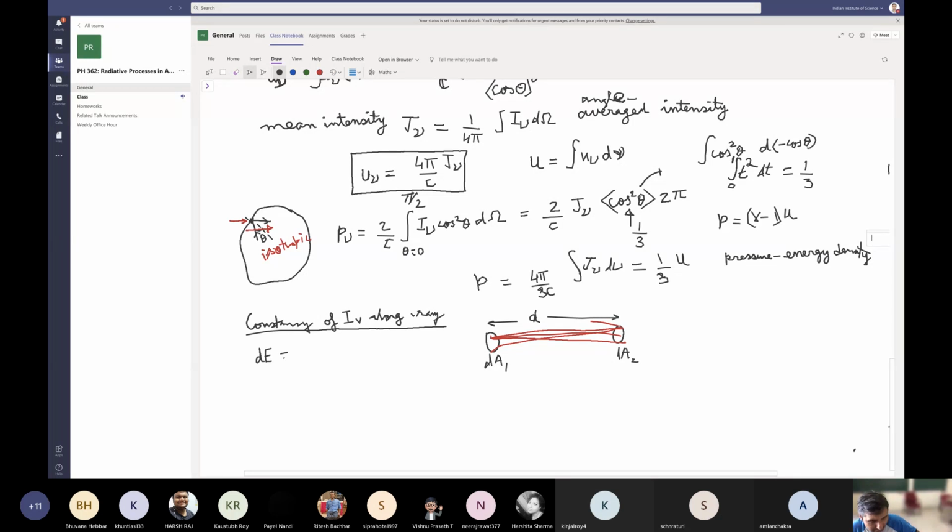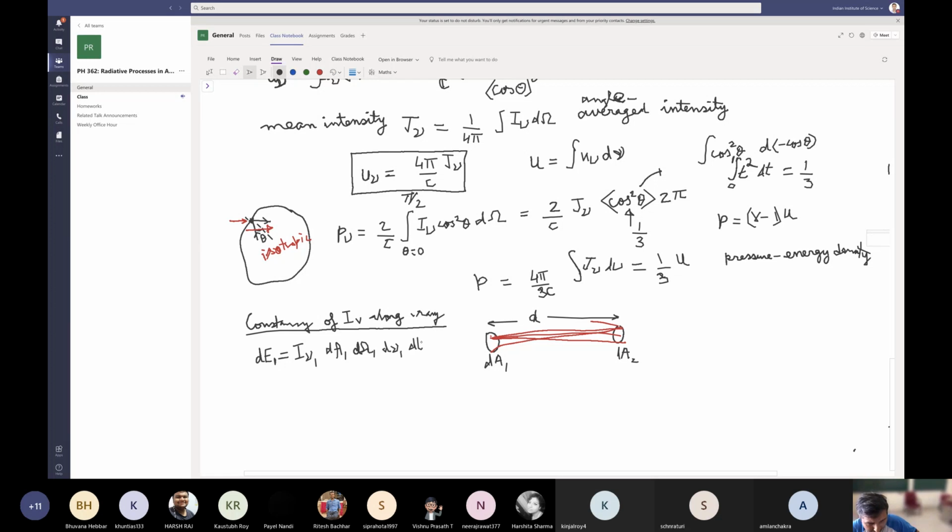So let's consider the energy crossing area 1 as dE1 equals I nu 1 dA1 d omega 1 d nu 1 dt1.